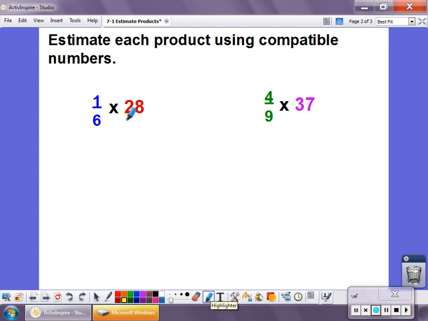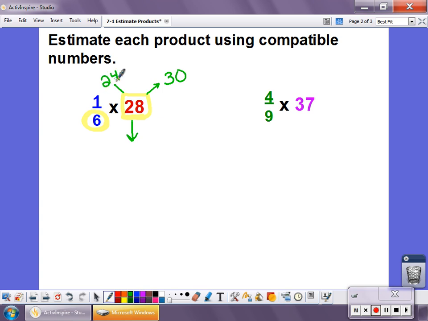And again, the idea is what number can this be changed to that we can easily divide by our denominator. So if I want 1/6 of 28, what I'm going to think about is what number is close to 28 that I can divide by 6. 28 is either going to be close to 30 or it's going to be close to 24.